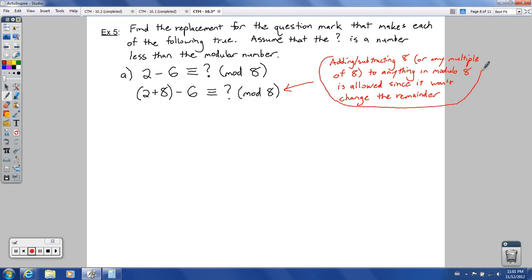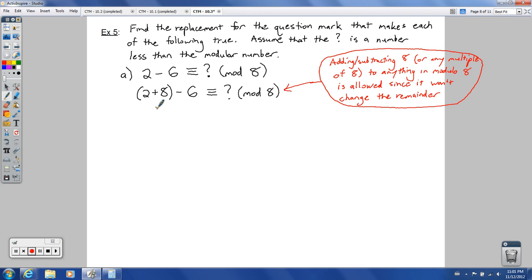So we'll have more problems like that, but this is the only time I'll write this actual note, and we'll just see how it applies to different moduli. I don't know if that's the plural of modulus, but different modulos, I guess I could say.